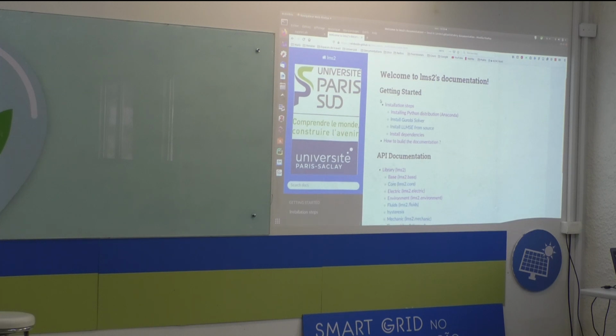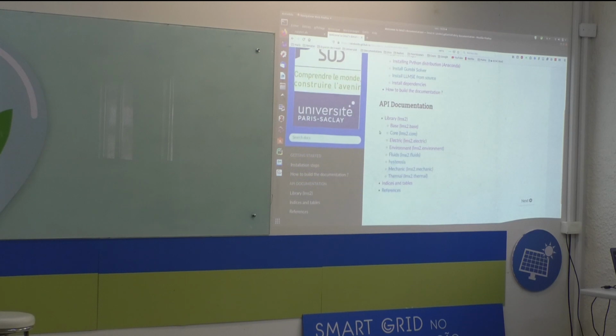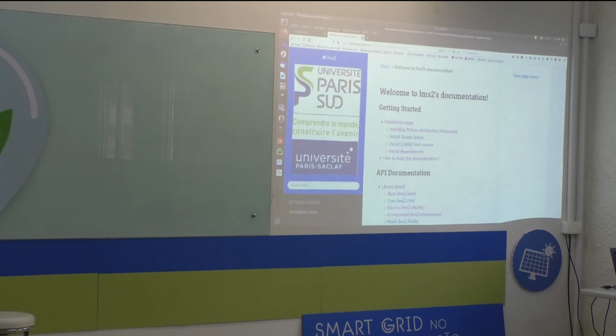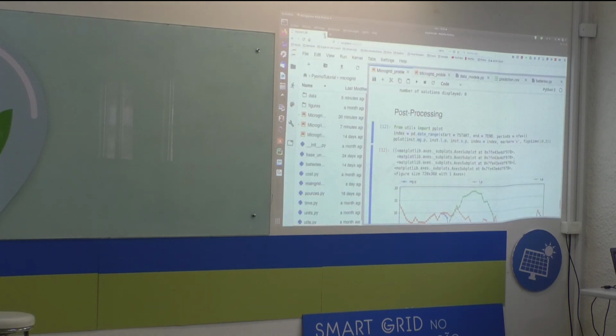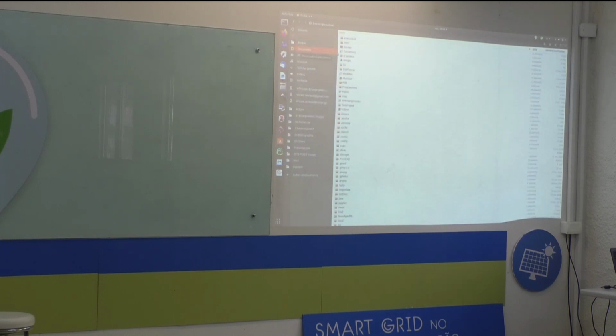Também, para quem se interessa, tem installation steps aqui: como baixar o Python, como instalar os packages e tudo, dependências. Outras questões sobre a livraria?